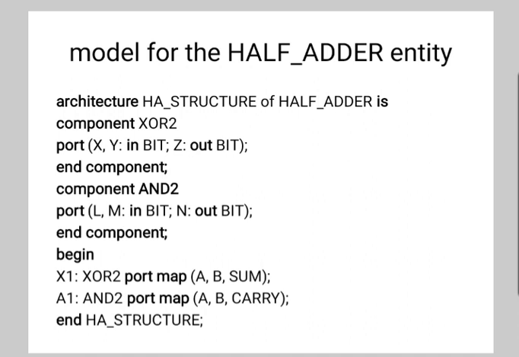So in structural modeling, the entity is described as a set of interconnected components in the architecture body. In the architecture of the half adder, the interconnected components are shown here. In this modeling, the components from the libraries or from the working directory are connected together, and this design method is hierarchical. Each component can be individually simulated.